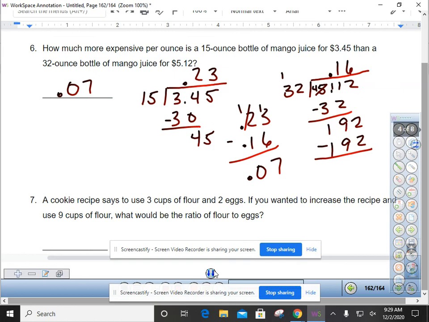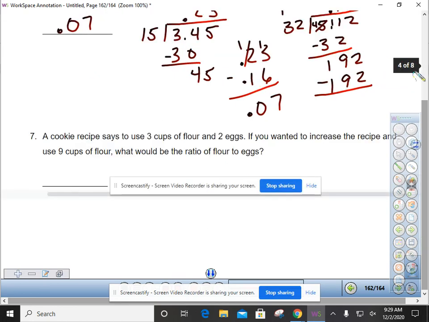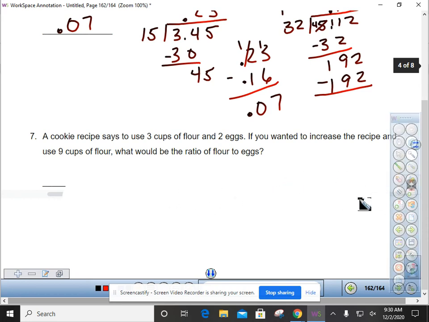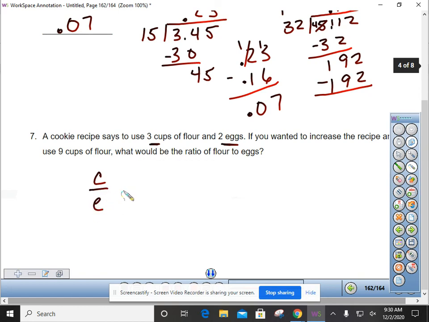Look at number 7. A cookie recipe says to use 3 cups of flour and 2 eggs. If you want to increase the recipe to use 9 cups of flour, hang on, stop. Don't move. We're going to do this one. What would be the ratio of flour to eggs? So what are your words? Cups and eggs. So write it down. Cups over eggs, or flour over eggs. And what do you have? 3 over 2.